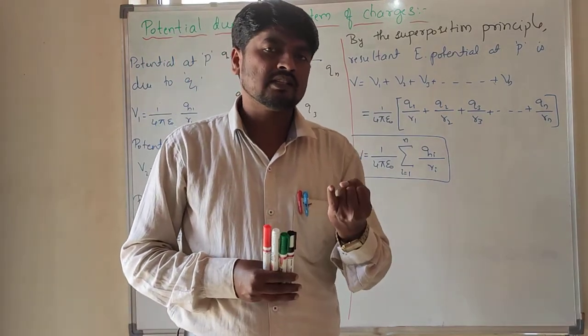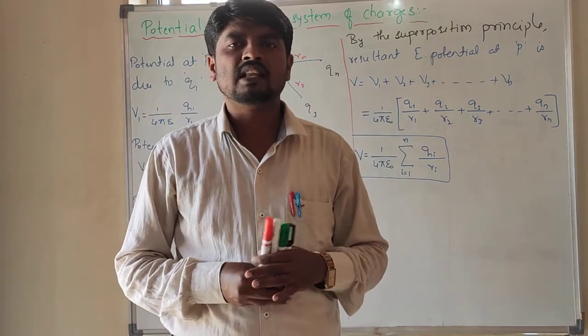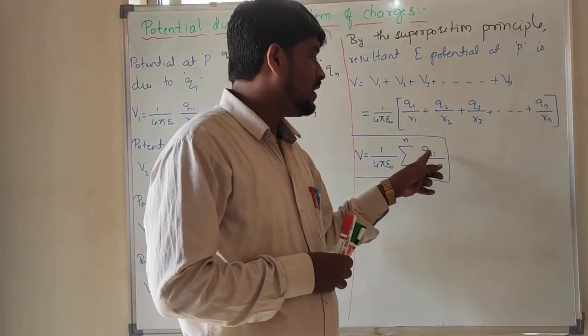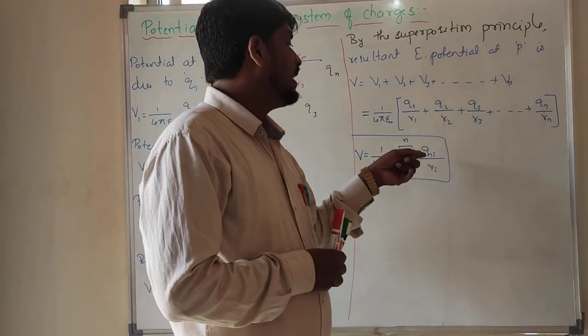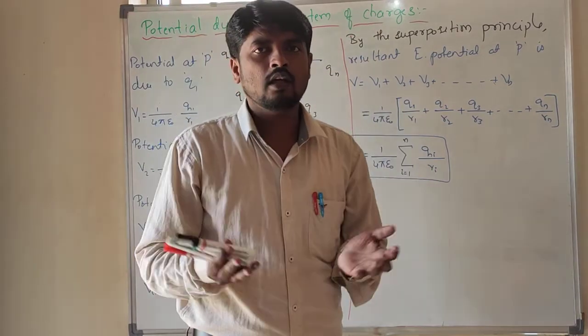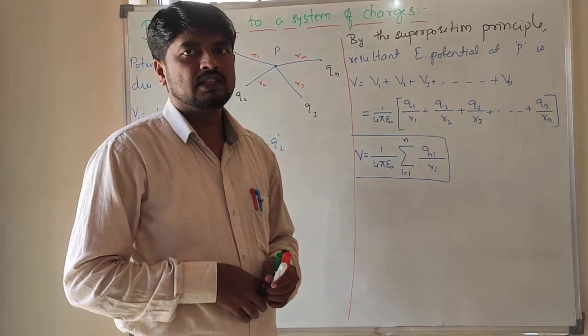There we studied linear charge density, surface charge density and volume charge density. Volume charge density is rho, so Q is equal to rho V. If you substitute, we can calculate the electric potential due to a system of charges enclosed by a volume. So this is one more important derivation. It is meant for 3 marks.